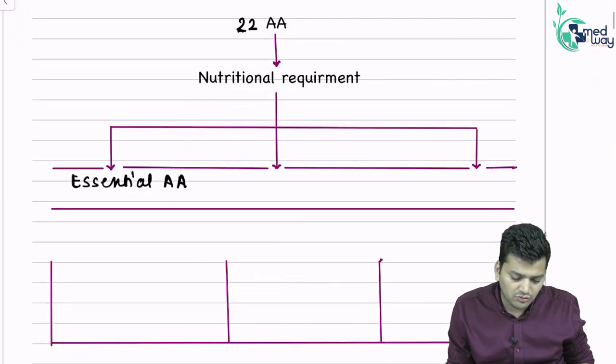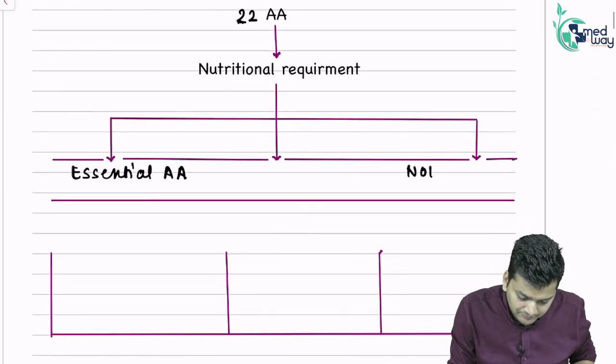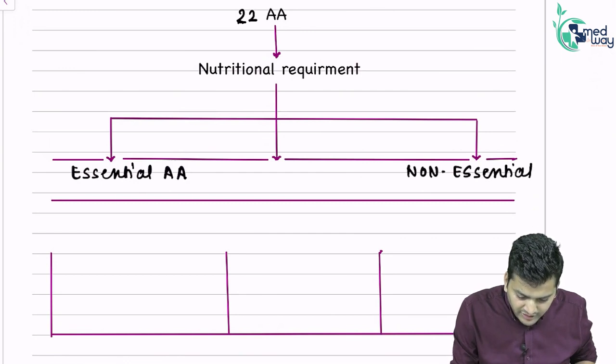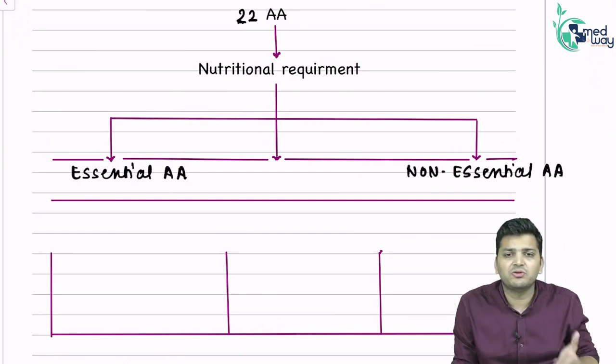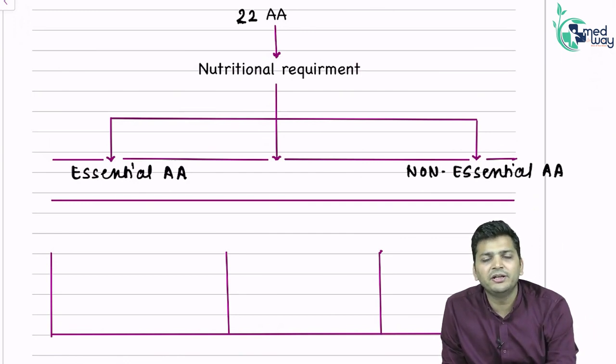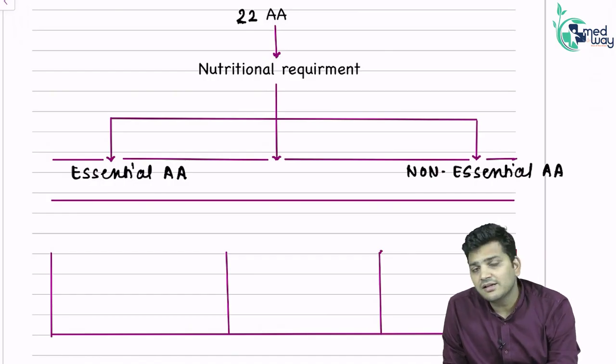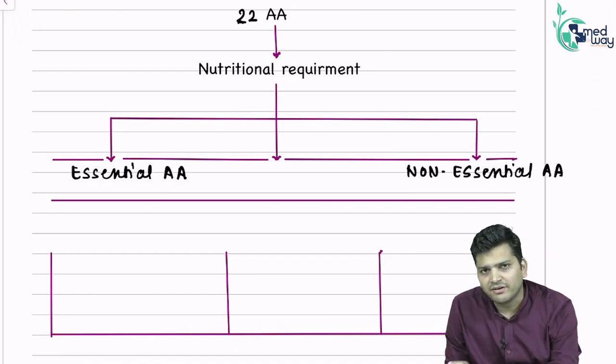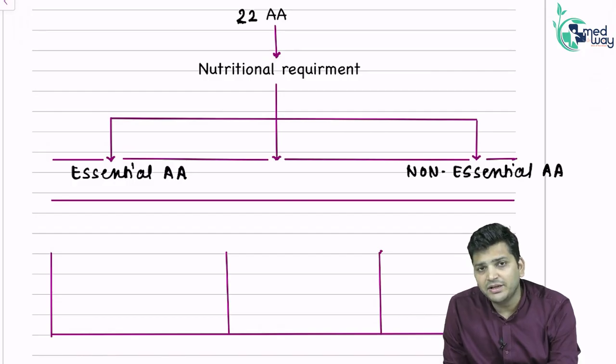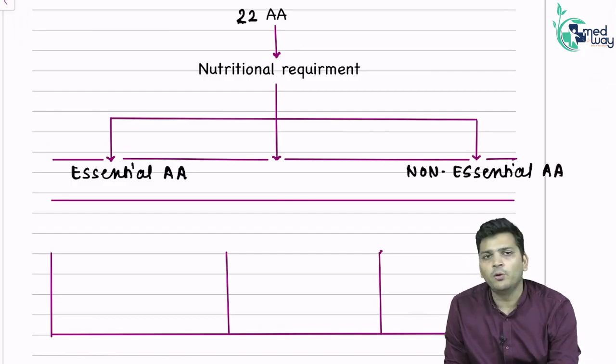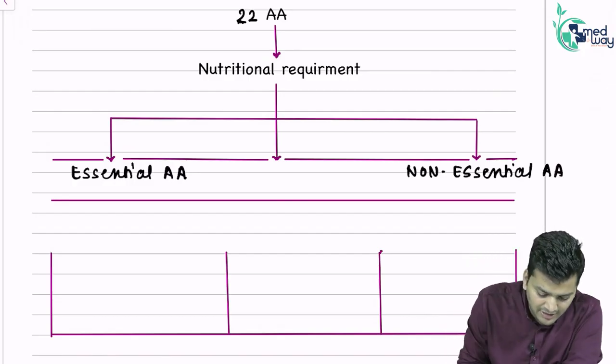So these are called non-essential amino acids. Your body by itself is going to make them, whether you eat them or not. And there are some amino acids which must be taken in the diet when we are in the growing age. These are called semi-essential.